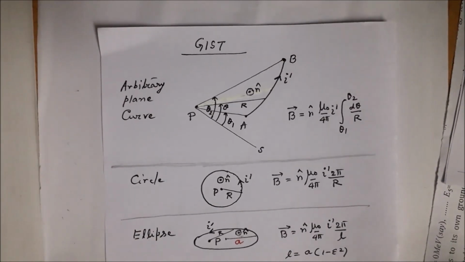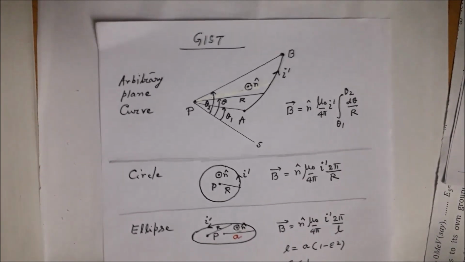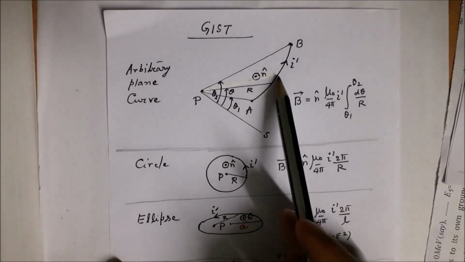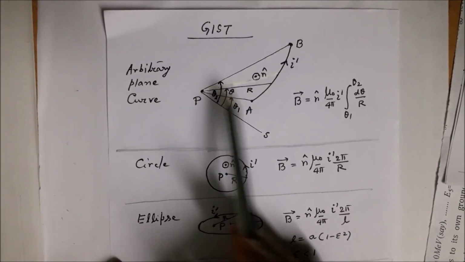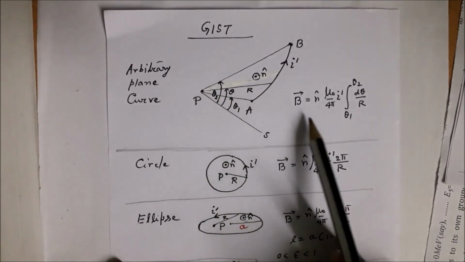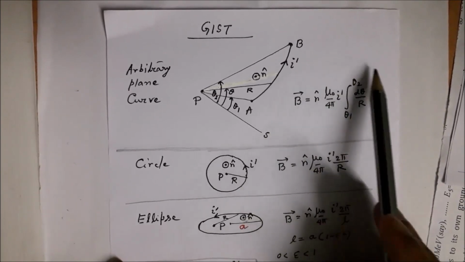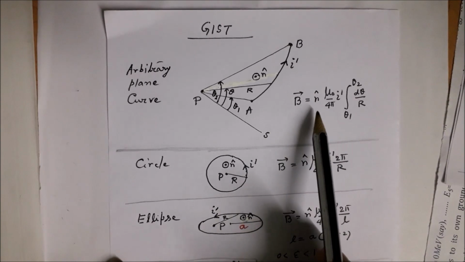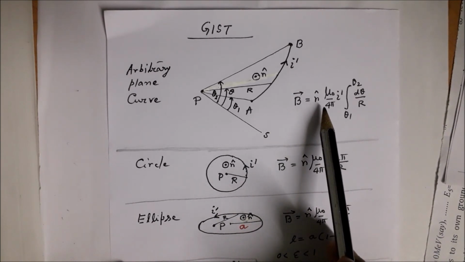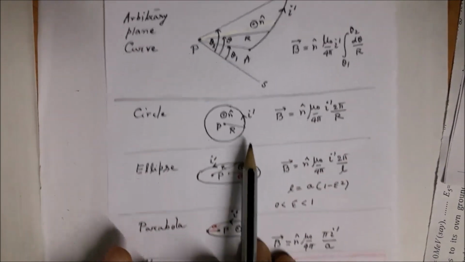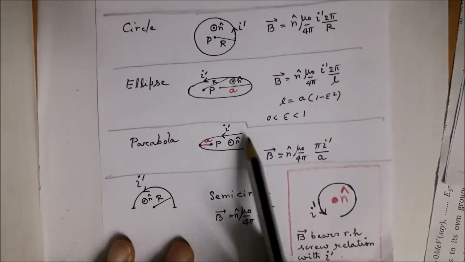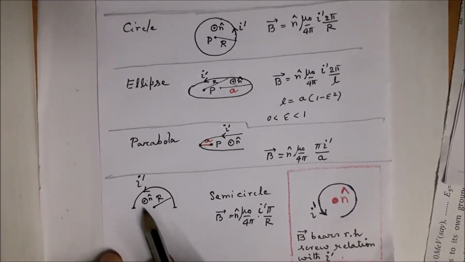So let's make a gist of what we did till now. We first considered an arbitrary plane curve and calculated the magnetic induction due to it at the pole, which turned out to be of this value, and this formula was used to evaluate magnetic induction for other circuits like a circle, like an ellipse, like a parabola, like a semicircle.